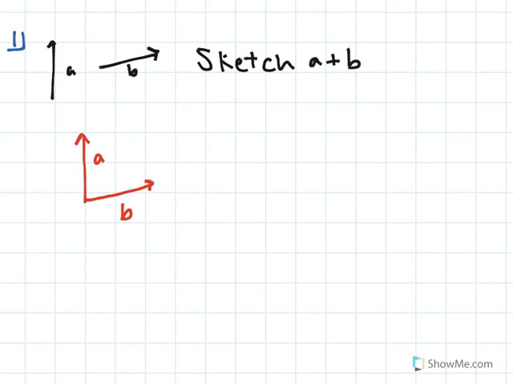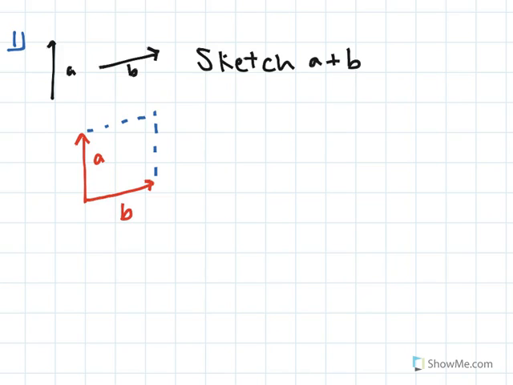So next what we need to do is complete the parallelogram where A and B are two of the sides. So that would look something like this. So now we've completed our parallelogram.